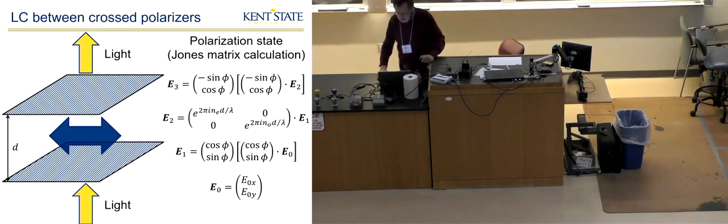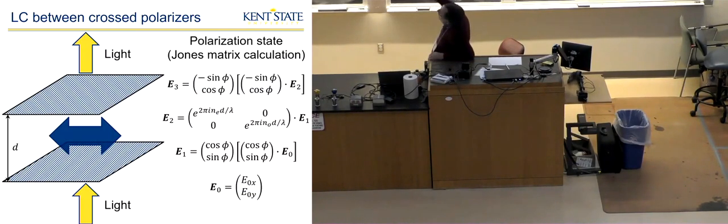Let me illustrate that with an experiment, where somebody puts a liquid crystal between cross polarizers. On the bottom, let's say there's a polarizer oriented in the phi direction in the xy plane.